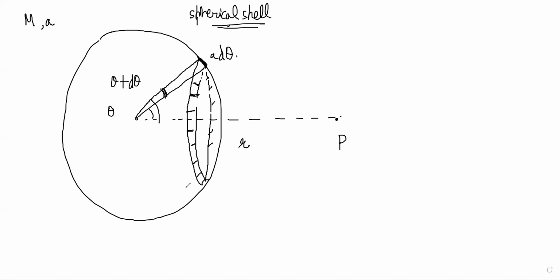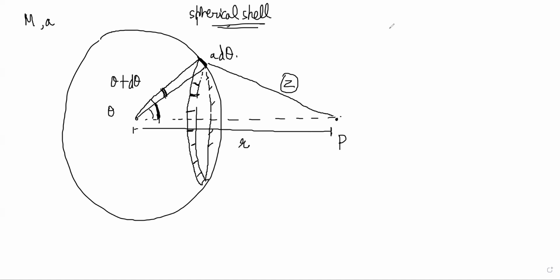This is like a ring, and the ring's points are at a distance z from here. This angle is theta, this whole length is r, and this length is z, and we have to find the potential due to the ring at this point.